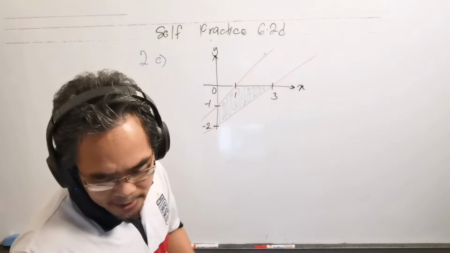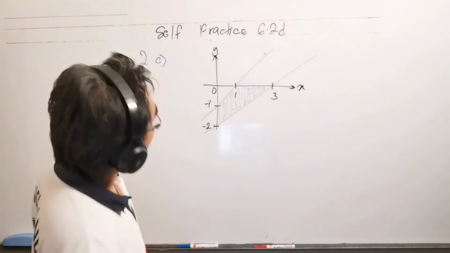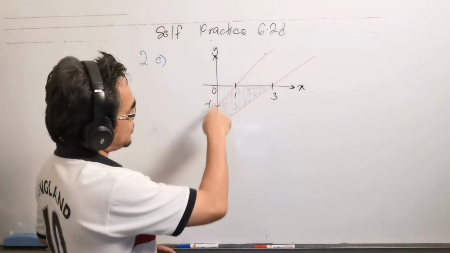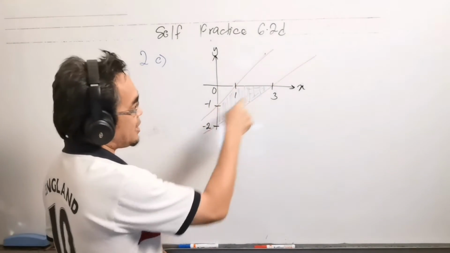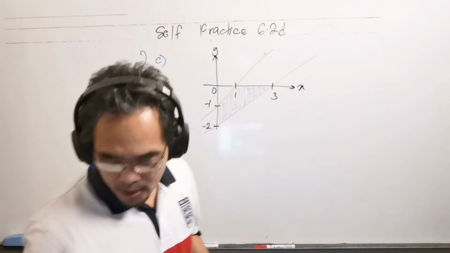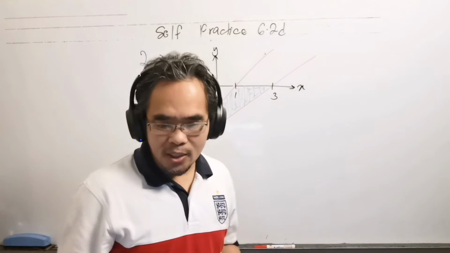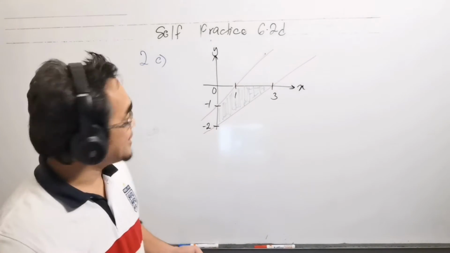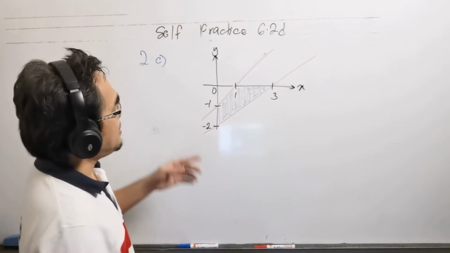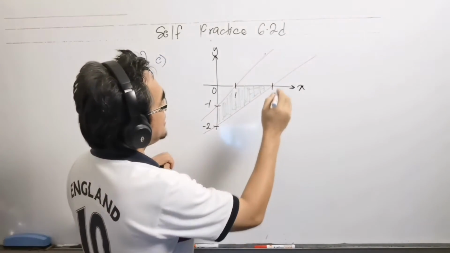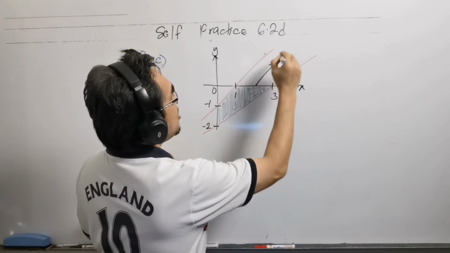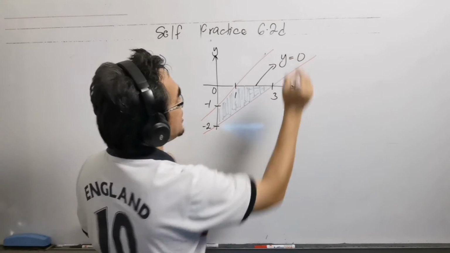Write the inequalities. Since we have 4 vertices, 1, 2, 3, 4 lines, there should be 4 equations and 4 inequalities. The first line is y equals 0.